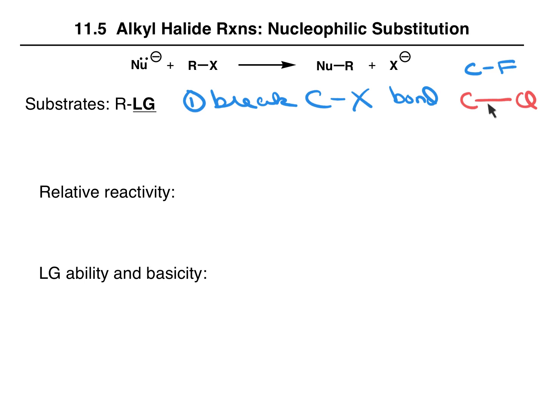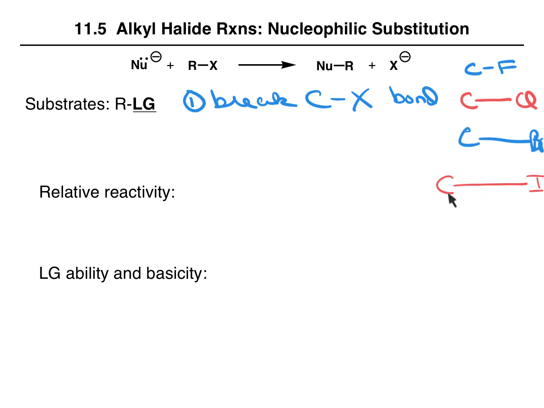We can think of this as a longer and weaker bond. A carbon-bromine bond will be even longer, and then a carbon-iodine bond will be even longer because iodine is so huge. So the orbital overlap isn't very effective.